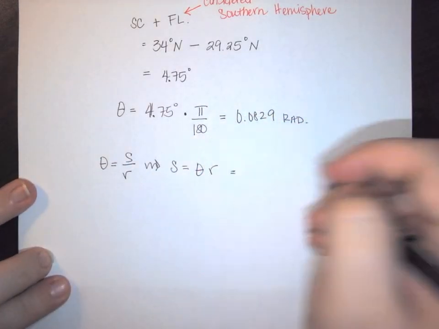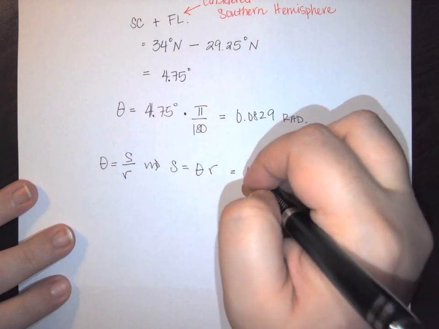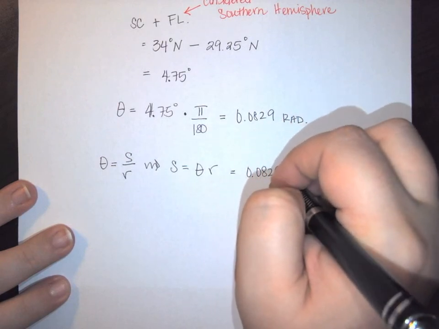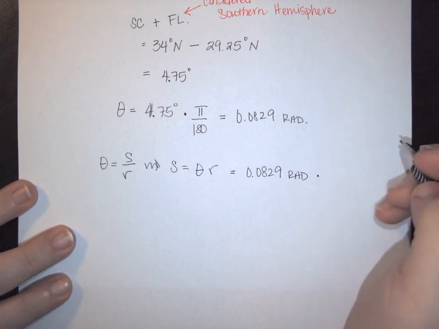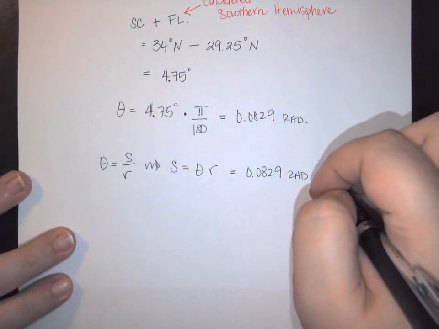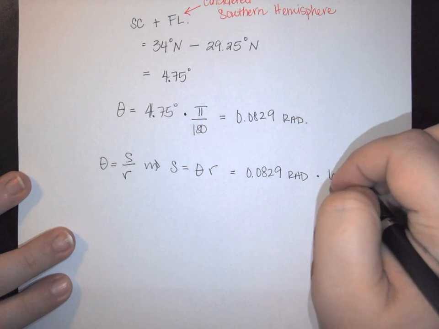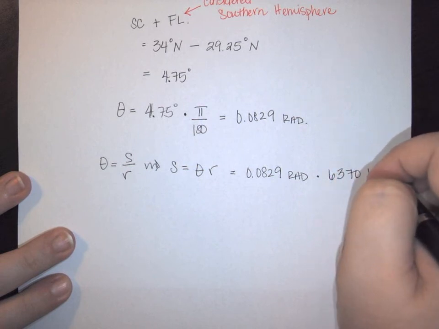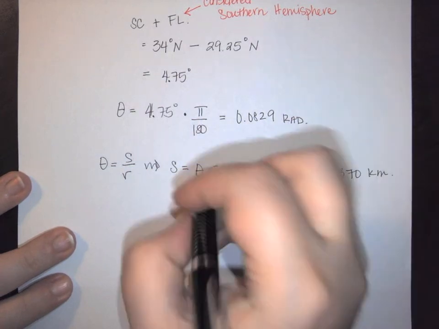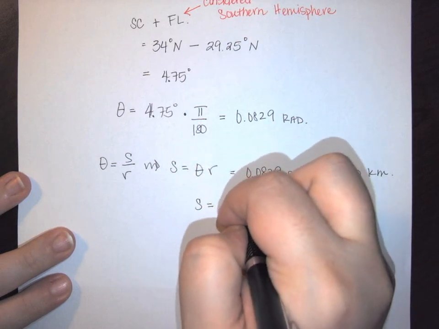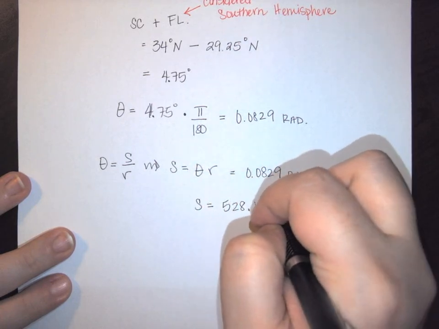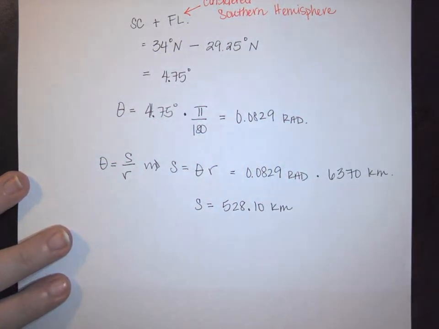So in this case, my angle is 0.0829, and this is radians. And we're going to multiply that by our radius, which is 6,370 kilometers. So here my S is 528.10 kilometers.